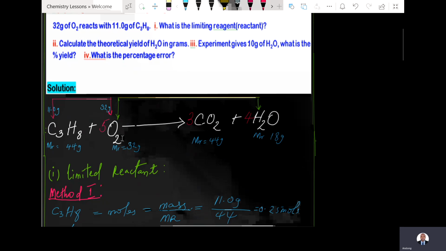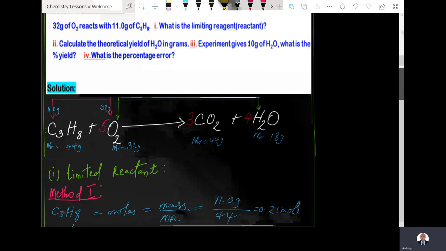Once more, since we are calculating from the limiting reagent, which is oxygen, which is completely used up in producing water, we say simple proportion: 5 moles of oxygen were completely used up to produce 4 moles of water. Then 1 mole of oxygen that we calculated will give how many moles of water?